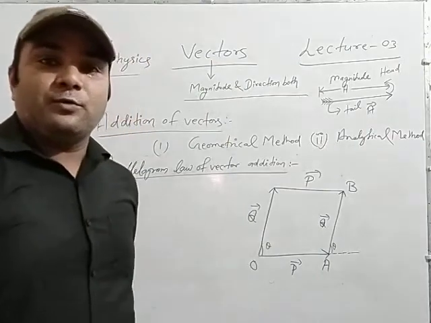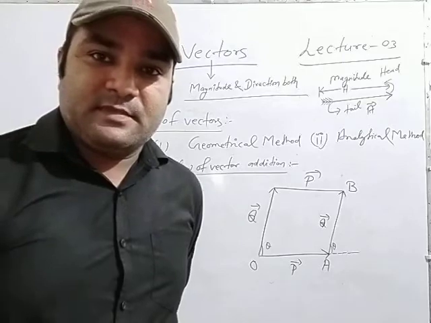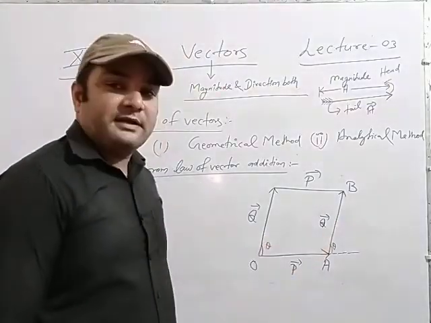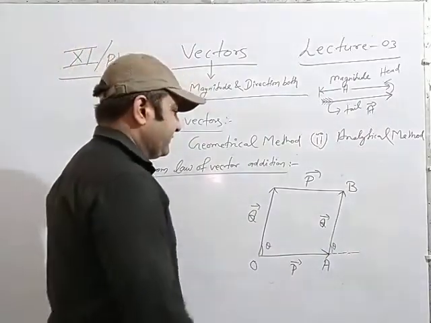Then how do we find the resultant of these two vectors? If P and Q, two vectors, are acting at an angle theta at a point, then how can the resultant of these two vectors be found out?